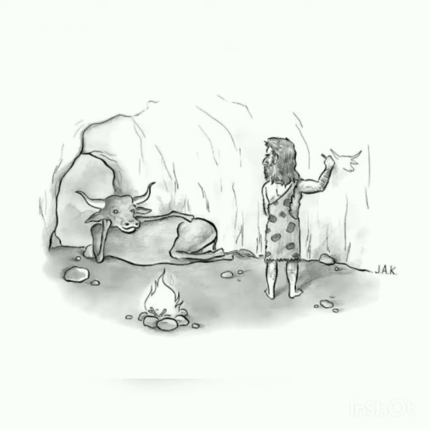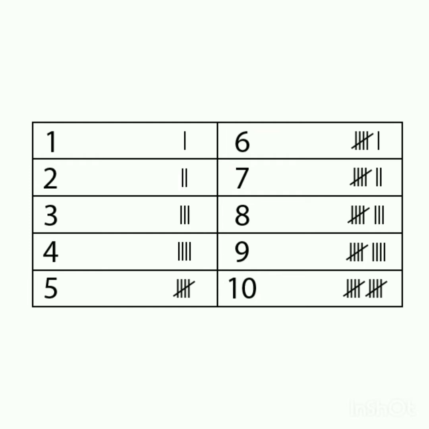For example, the caveman, when he had one cow, drew a straight line on the wall of his cave, and two lines for two animals. As you can see, here one line represents one and two lines represent two quantities, and three lines represent three quantities, and four lines represent four quantities, and so on.